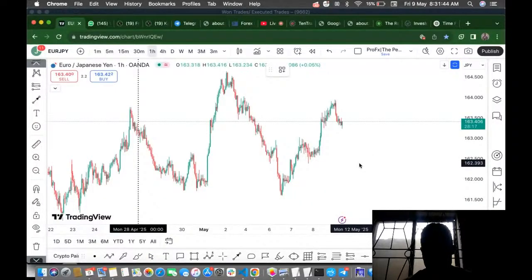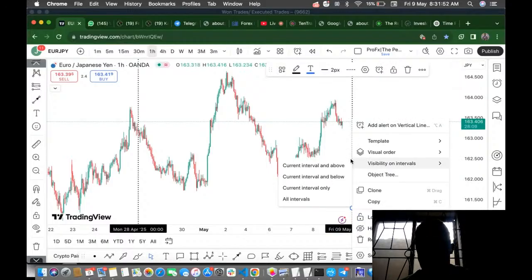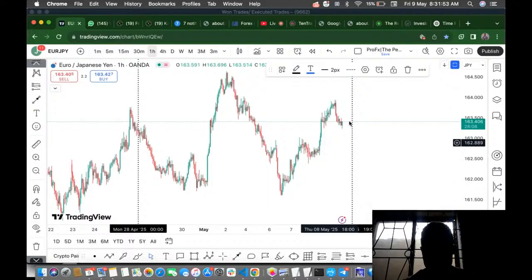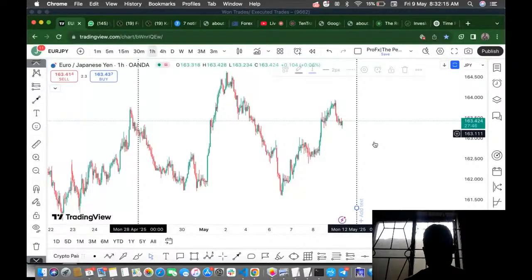By now, everybody should be able to mark weekly range profile. Yes or yes?